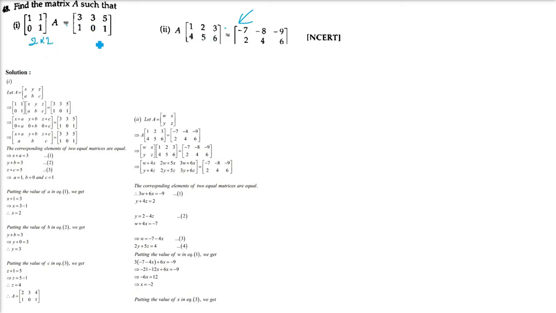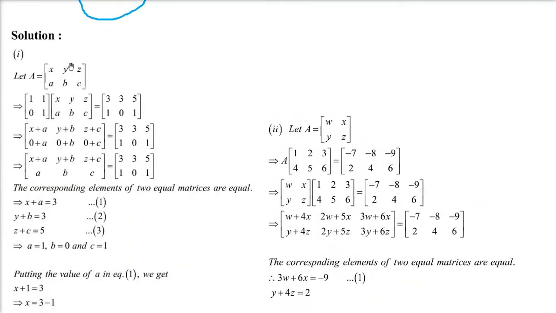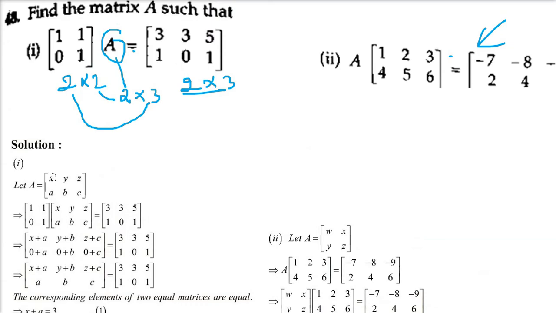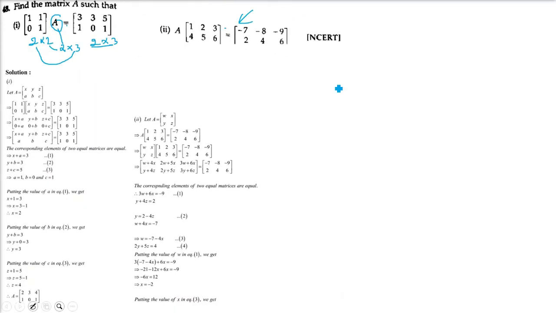For example, this one is 2 by 2, this is 2 by 3. So 2 by 3 can come when the first is 2 and the last one is 3. So 2 cross 2 and 3. But since 2 cross 2 is there, the next one has to be 2 cross 3. So this is a 2 by 3 matrix we have to write. So it will be x, y, z and A, B, C.